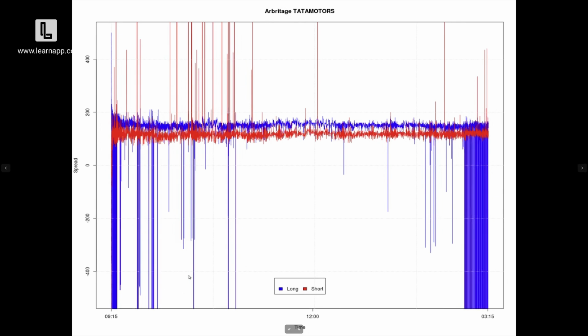For the blue it is -5. So 5 minus -5, that is 10. So you can earn 10 rupees profit, risk-free profit. You can deduct the transaction charges, of course, but you can repeat this n number of times.